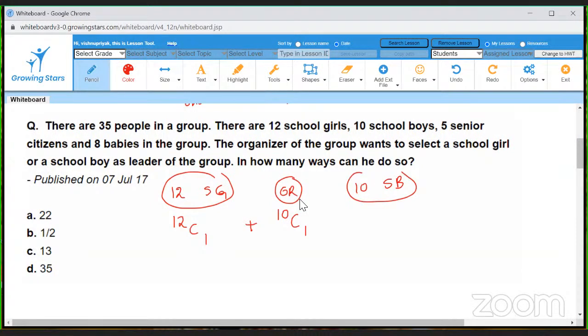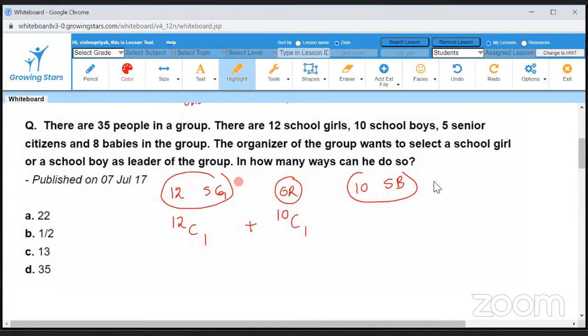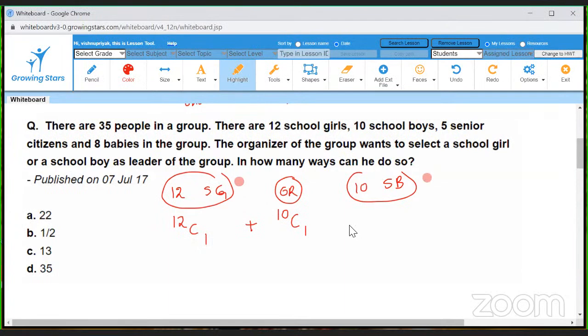We are starting again from the beginning. So you must understand that taking a girl is not the first work, and taking a boy is not the second work. We are not doing both. We are either selecting a girl or selecting a boy. That's why you have to add.